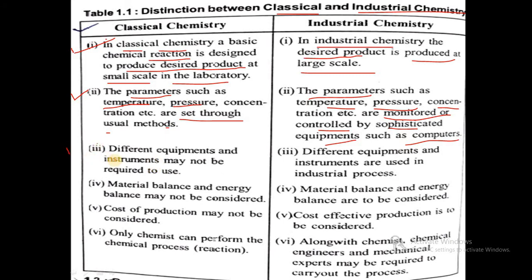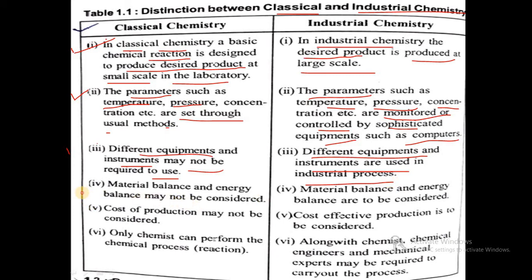And the third difference is that different equipment and instruments may not be required. Limited instruments are applied to prepare any type of compound. But for large scale production in industrial chemistry, different equipment and instruments are used in industrial processes. That is necessary.